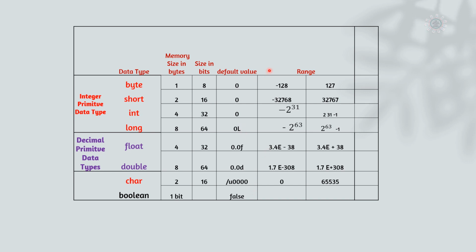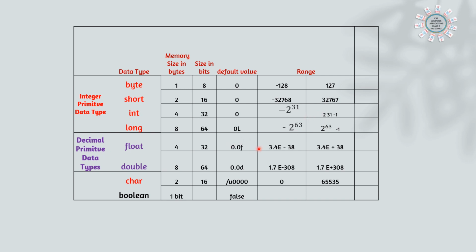The next question from primitive data types that can be asked is, what is the smallest number and biggest number that can be stored in the primitive data type? Otherwise we can say range. For byte, the smallest number that can be stored is -128, and the biggest number 127. Short is minus 32768 and the biggest number 32767. Int is minus 2 raised to 31 and the range up to 2 raised to 31 minus 1.